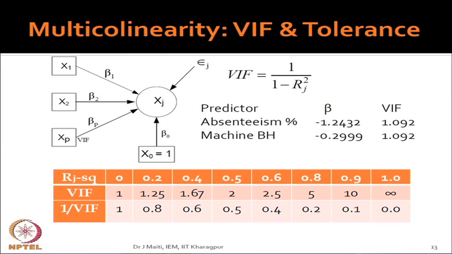So 10 is the cutoff value; it should not be 10 or more. 5 is also a warning limit, you can think of. That means if tolerance is 0.1 or less, or variance inflation factor is 10 or more, that is not desirable, but if it is 5, it is a warning case.